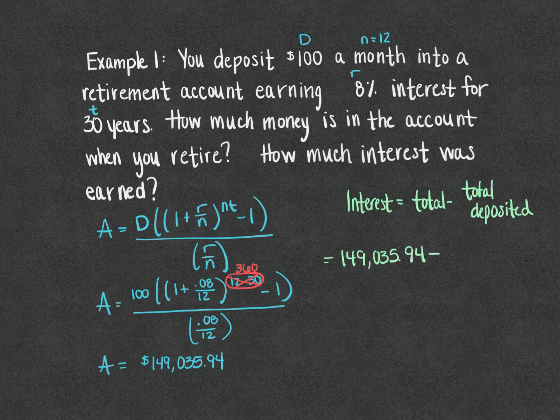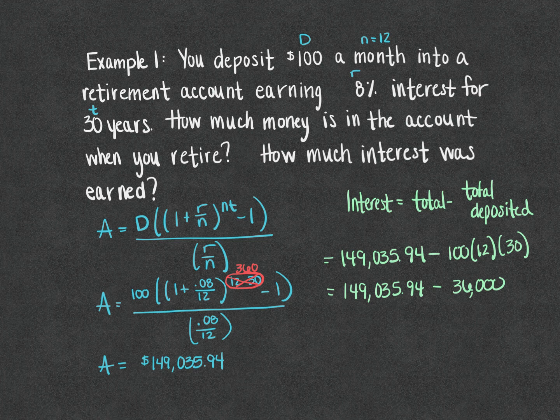The total deposited is our $100 every month. So there's our 12 for 30 years. Whenever you figure out $100 a month every month for 30 years, you will find out that $36,000 of that came out of your pocket.